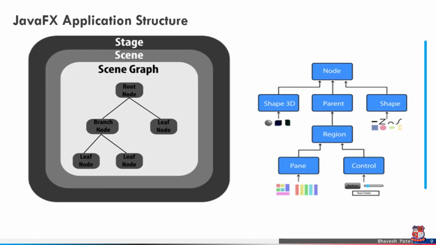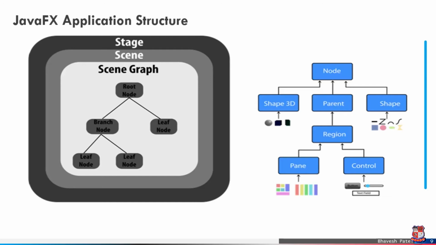Scene. The scene actually holds all the physical content nodes of a JavaFX application. The javafx.scene.Scene class provides all the methods to deal with the scene object. Creating a scene is necessary in order to visualize the content on the stage.